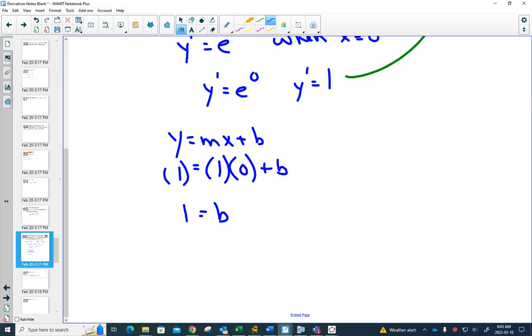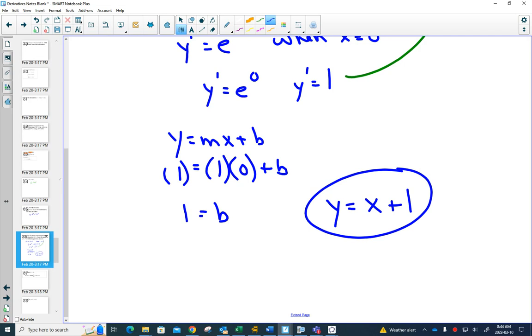And maybe you noticed in this question, if the point was (0, 1), you already knew b as well. But sometimes you only realize that after you've done all the work and go, oh, I could have done this just by seeing that the point is (0, 1). But now, as a final, we can write the equation of this line. The slope is 1. Y-intercept is 1. There's the equation of the tangent.